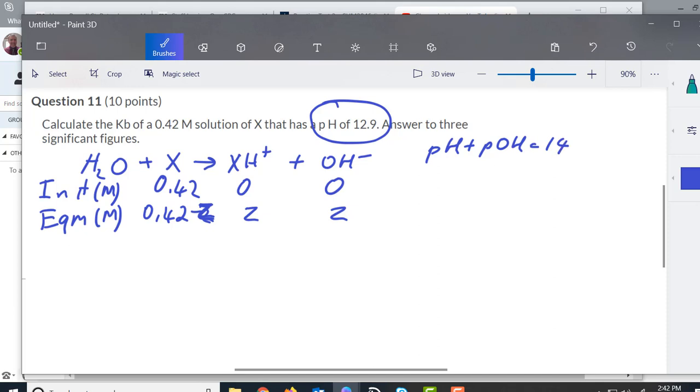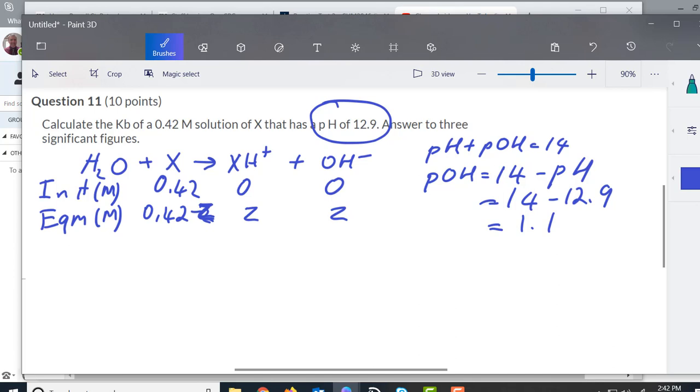So that'll allow us to convert into something where we have pOH. So pOH is going to equal 14 minus the pH, which is 14 minus 12.9, and that's 1.1. Now 14 is the counting number, so it doesn't count for significant figures, so 1.1 is what we get here.